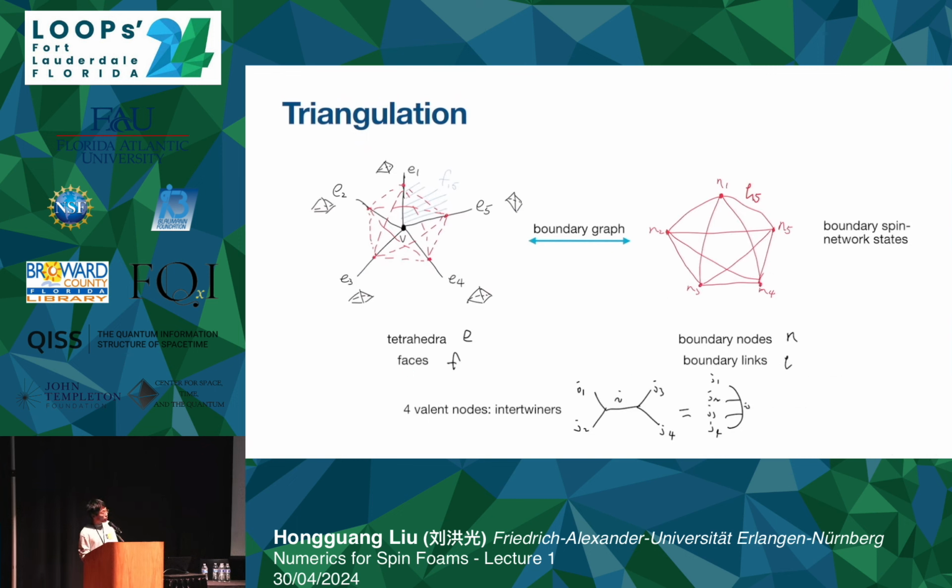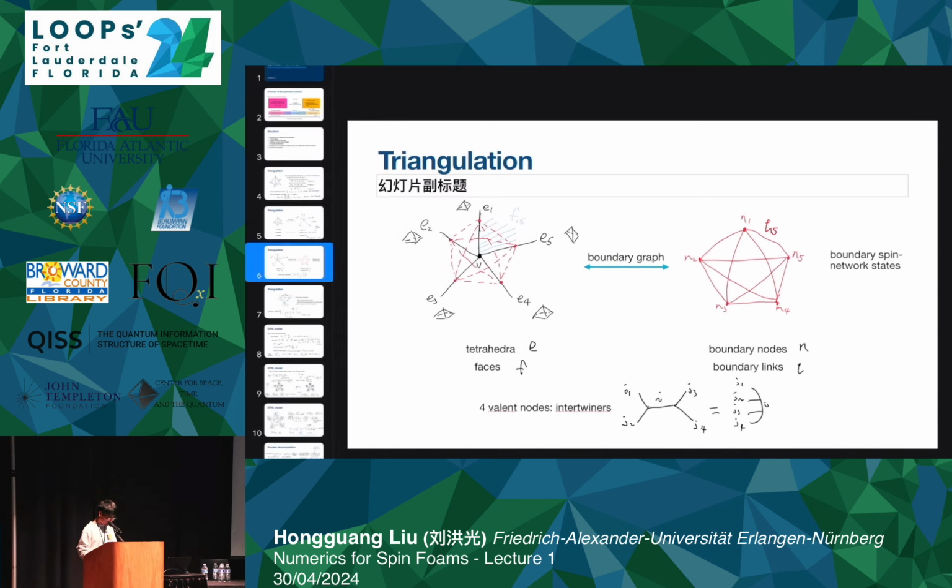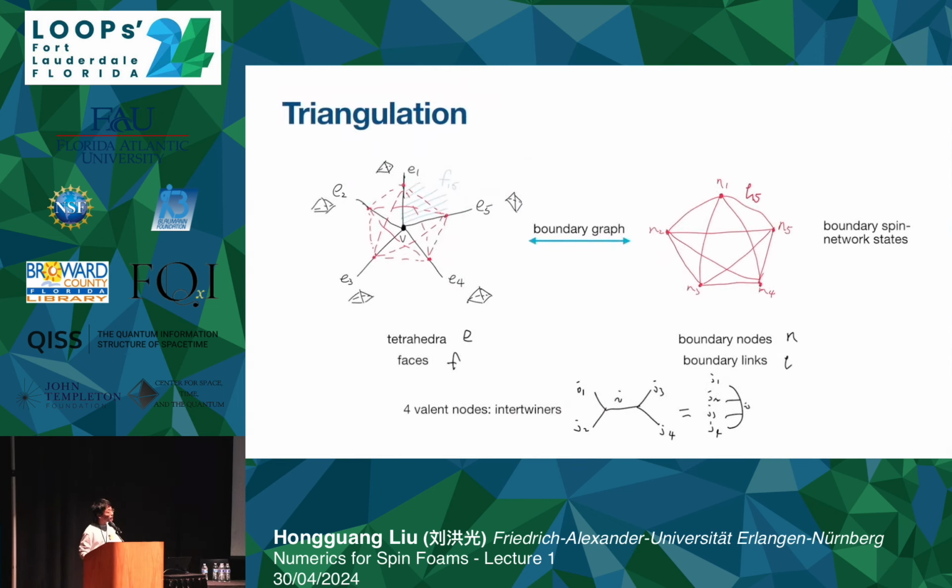We have another graph, which is the boundary graph. I think Francesca already told you that the spin foam models the boundary with spin network states. And the boundary graph is exactly what we get when we cut the 2-complex graph with boundaries.